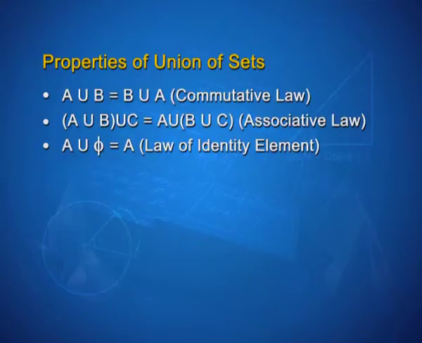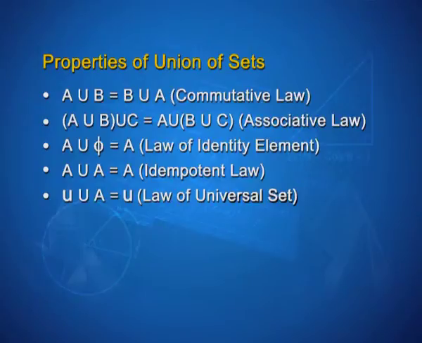The fourth property is the idempotent law, which states that the union of any set with itself gives us the same set. That is, A union A gives us the set A. The last property is the law of universal set, which says that the union of a universal set with any set is the universal set itself.